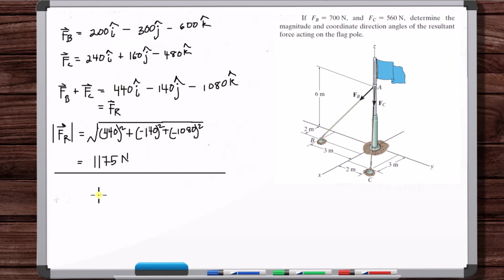So 1175 cosine of alpha is equal to 440.